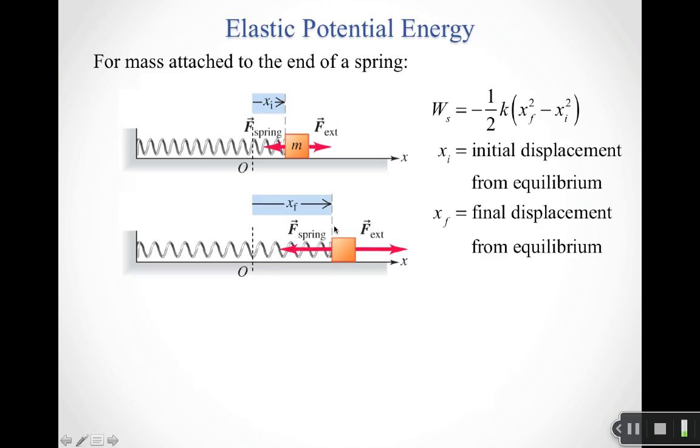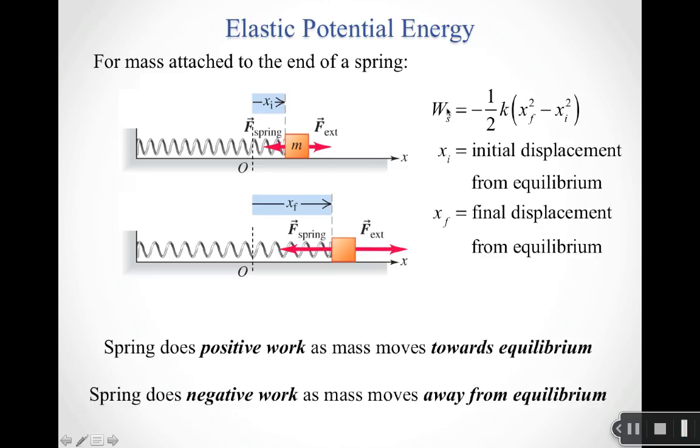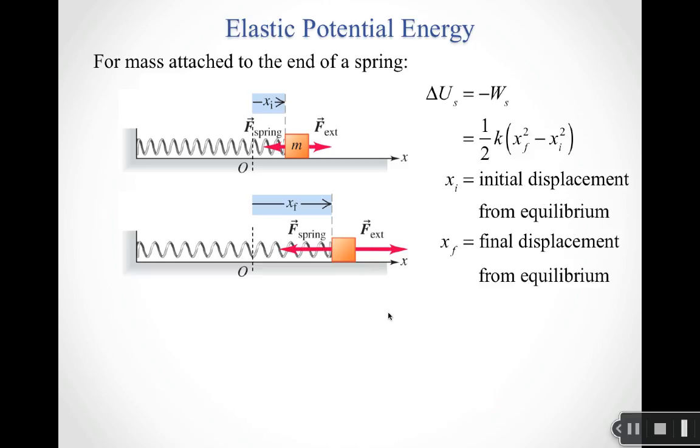So if you start with the mass some distance away from equilibrium and you pull it so that it's a new second distance away from equilibrium, I can plug those two displacements in here and here, square them, multiply by k, multiply by negative 1/2. That's going to give me the work done by the spring. Again, the spring does positive work when the mass moves towards equilibrium, and it does negative work as the mass moves away.